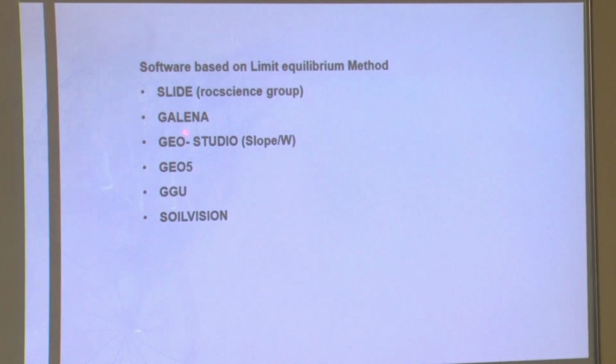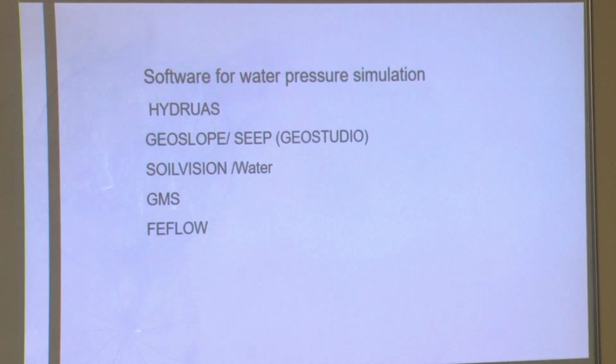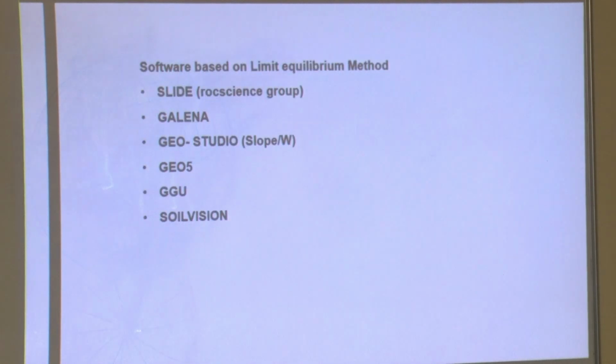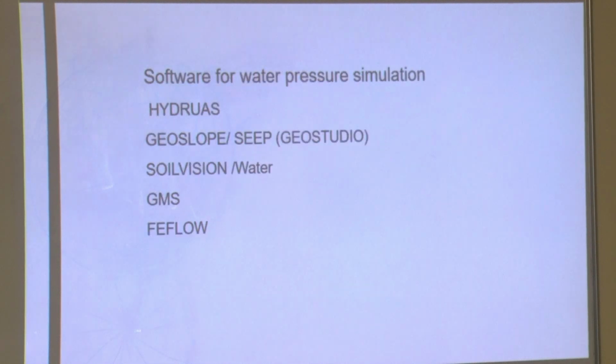It's a very good software. Earlier, many people used GIANT, but nowadays people prefer SLIDE. GeoStudio is also another slope stability software being used globally. These are all based on limit equilibrium methods.